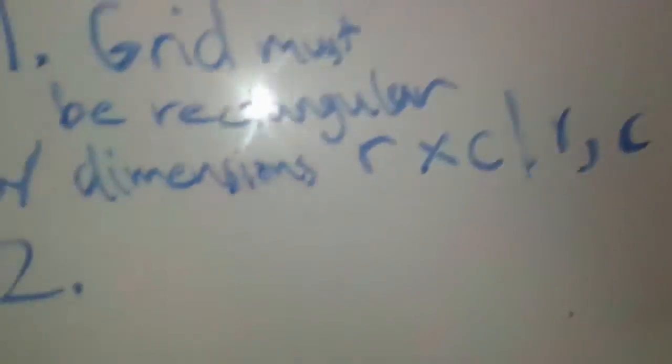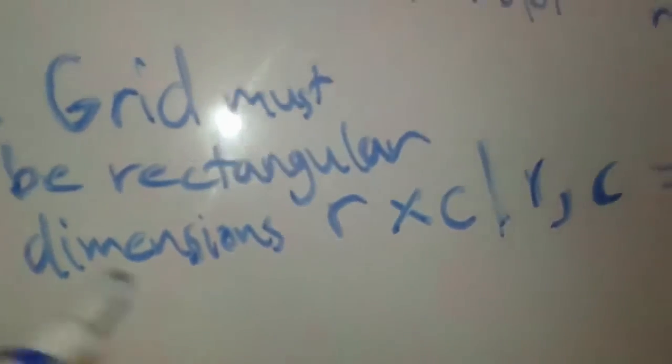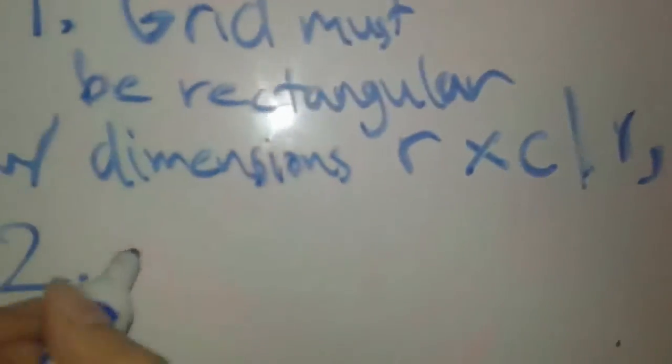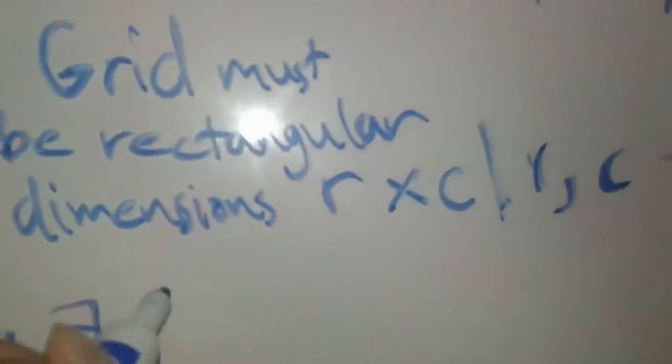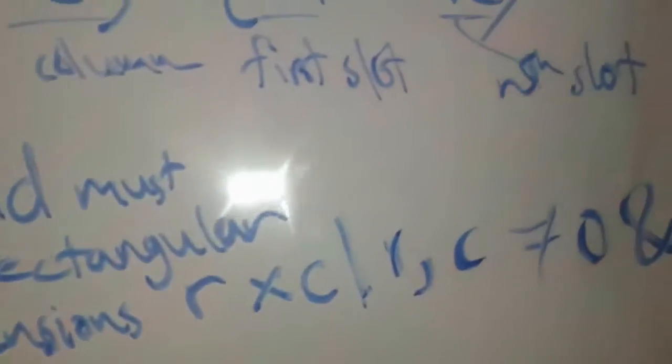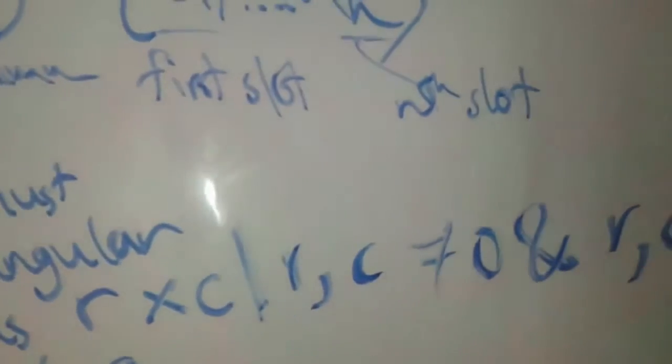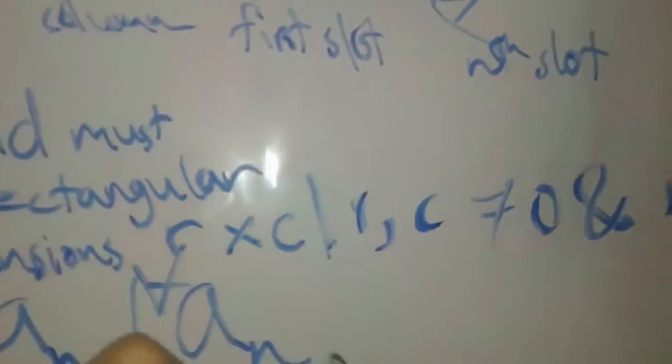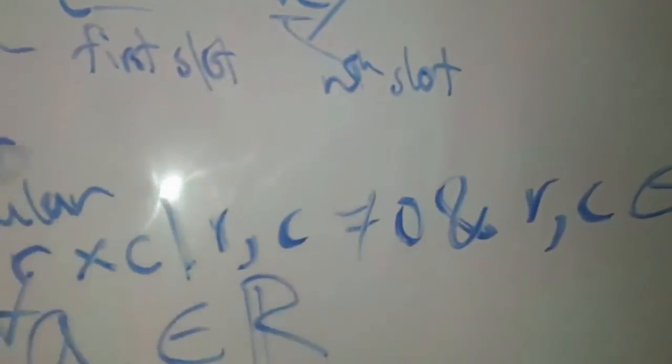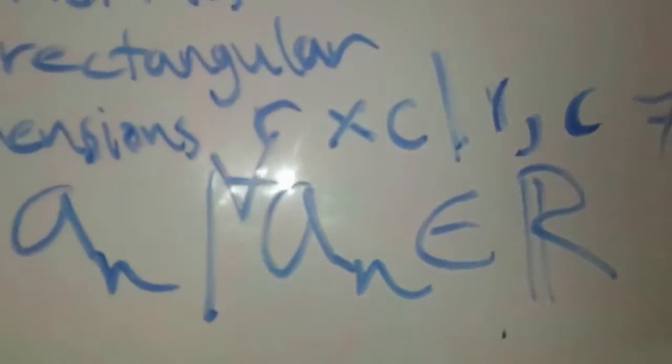Condition number 2: we have this grid and there exists A of n such that any A of n is in the set of real numbers. That goes with the idea that there are real numbers going in a grid, and it deals with the operations.